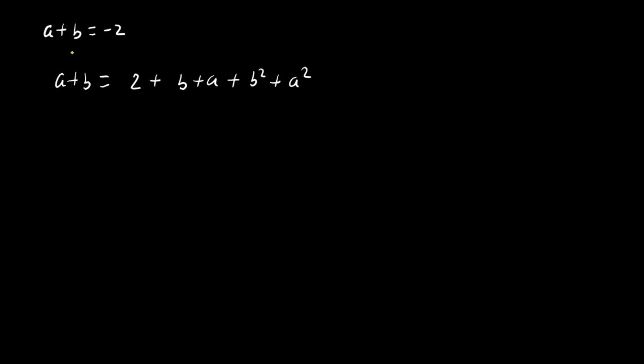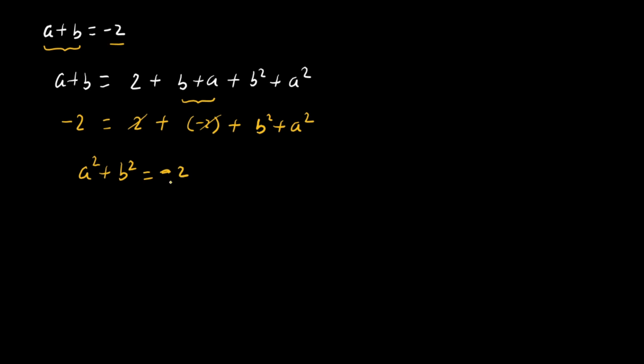And a plus b is equal to minus 2, so replacing a plus b by minus 2, this equals 2 plus minus 2 plus b² plus a². Then this plus 2 and this minus 2 cancel out, so a² plus b² equals negative 2.